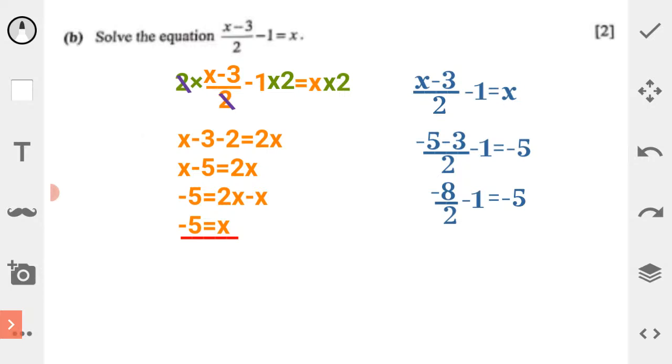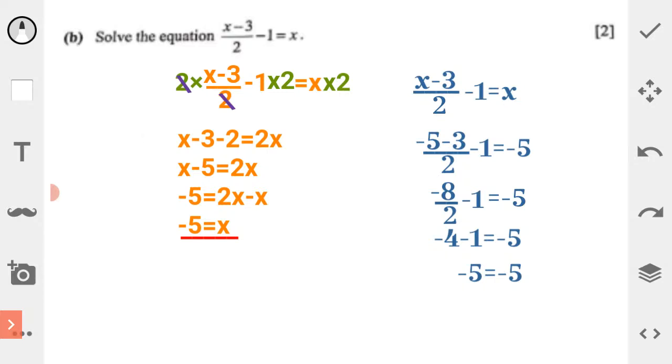We know that 2 can go into negative 8, and negative 8 divided by 2 will give me negative 4, minus 1, which will be equal to negative 5. Now when I subtract 1 from negative 4, it gives me negative 5, which is equal to negative 5.